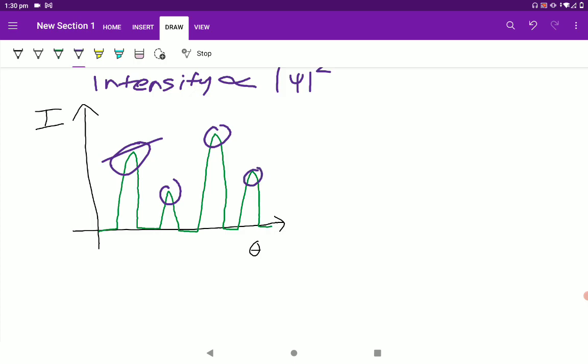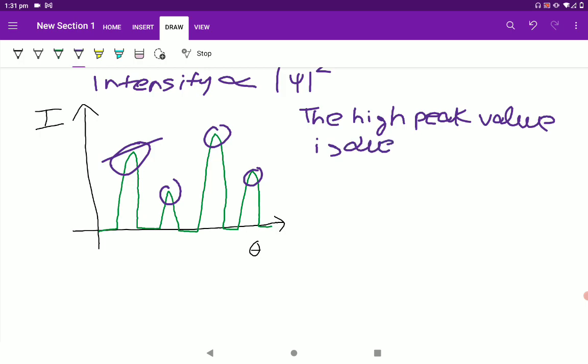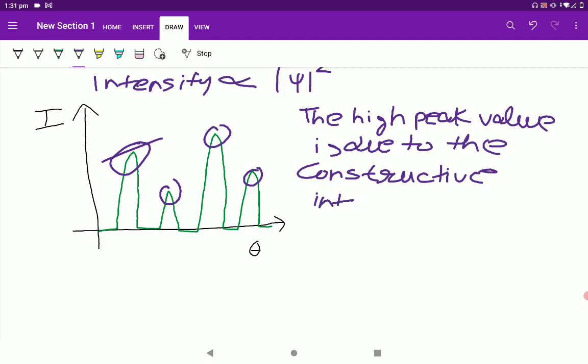So the high peak value is due to constructive interference between the atoms.